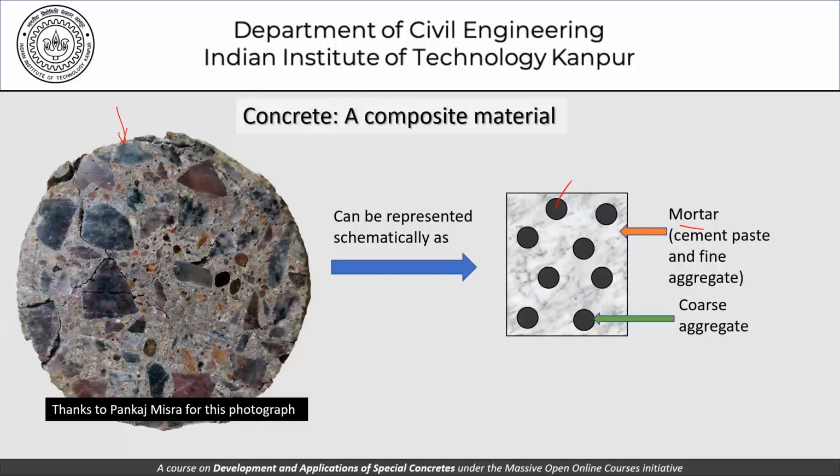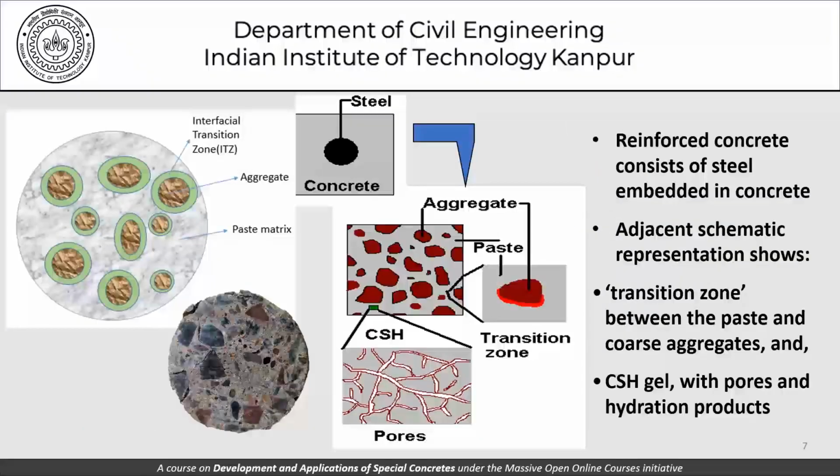Of course, this is a schematic representation, and this is a gross simplification. These distances and so on, don't bother about them. We've taken the aggregates to be spherical, don't bother about that either. So the point is that we want to do this discussion for a specific reason.